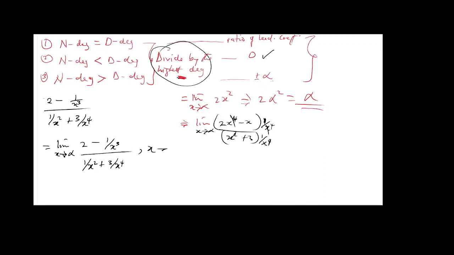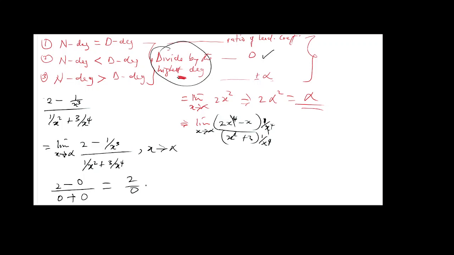So as x approaches infinity, we do a direct substitution. We have 2 minus 1 all over infinity cubed, which gives us 0, all over 1 all over infinity squared, which gives us 0, plus 3 divided by infinity to the power of 4, which gives us 0. So we have 2 all over 0 left. Now be careful. This is where students make mistakes.